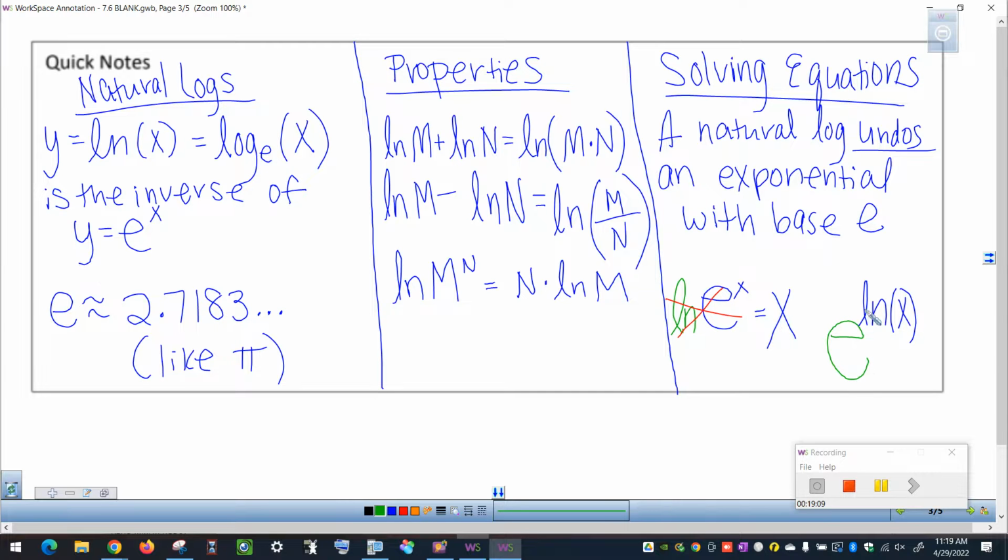The e is going to hold up the ln x, so the ln x is now in the position of an exponent. If we have e raised to that as a power, it's going to undo the ln in the exponent, leaving us with just x, which accomplishes our goal of getting rid of the log and getting the x out of it.